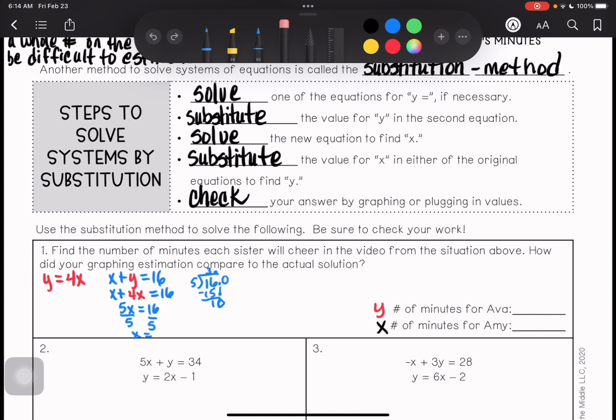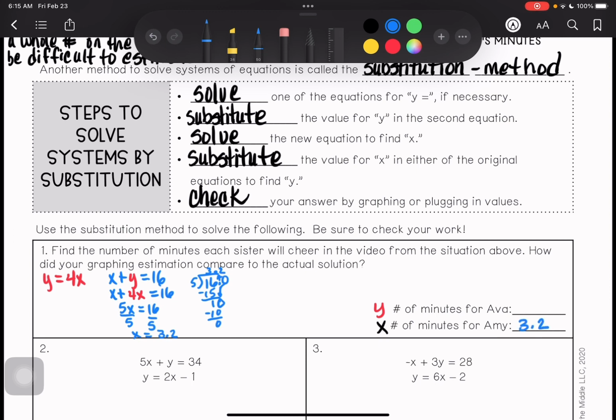Want to bring your decimal up and bring down your 0. And 5 goes into 10 2 times. Subtract, you get no remainder. So our value of x is 3 2/10. So the number of minutes for Amy is 3.2.